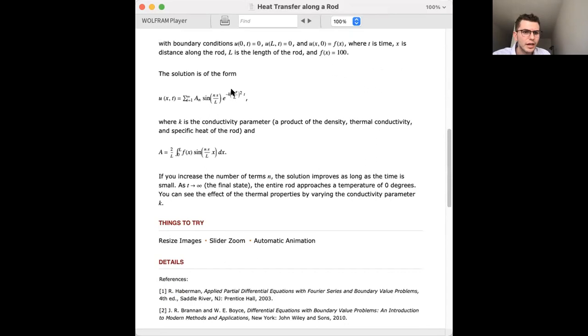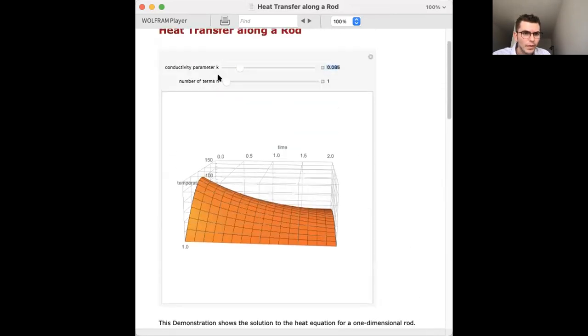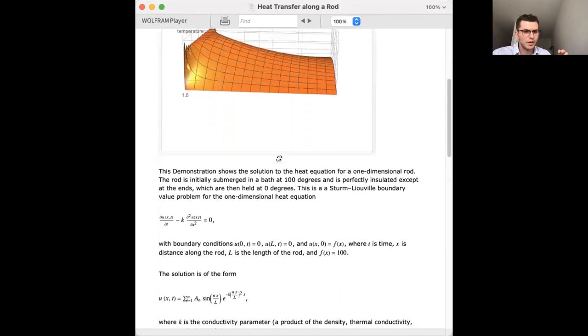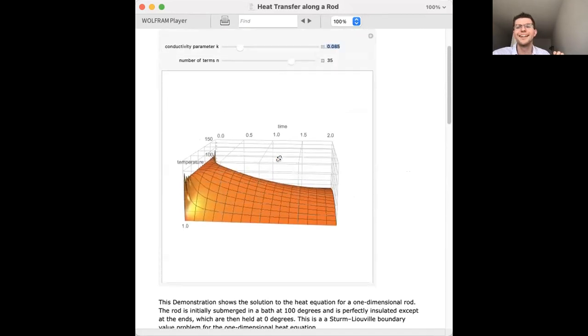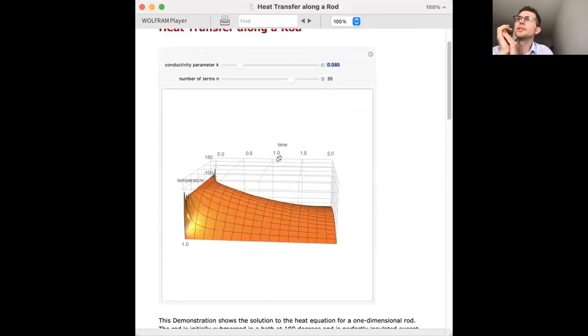This approximation, what's happening is that usually the way in which these problems are solved, strictly speaking, is with something called Fourier series, which engineers like a lot, which is similar to Taylor series. It doesn't matter if you haven't seen that.